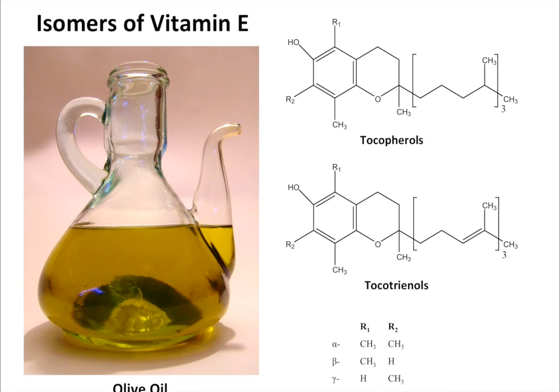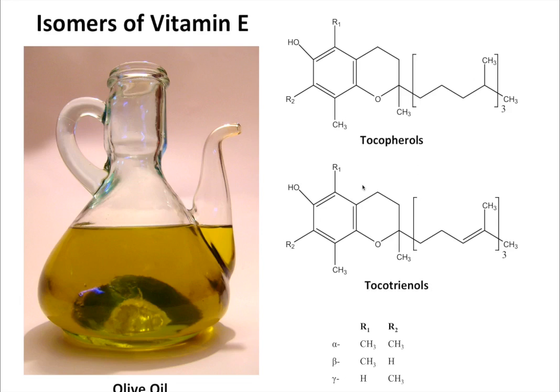Here we have, just to give you an idea of vitamin E, and this is olive oil that's shown here on the left, and it's just shown because olive oil is a rich source of vitamin E. And essentially, vitamin E is usually broken down into 2 classes, the tocopherols and the tocotrienols.